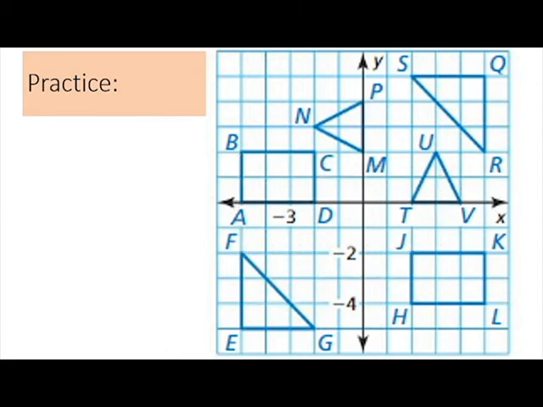Or if we wanted to do a reflection across the y-axis, that'll turn it to there, and then a reflection across the x-axis would put it up here, and then we could translate that down. So there's quite a few different ways to think of different congruence transformations. It doesn't matter which one you pick, as long as your transformation or set of transformations takes one shape onto the other. Thank you.